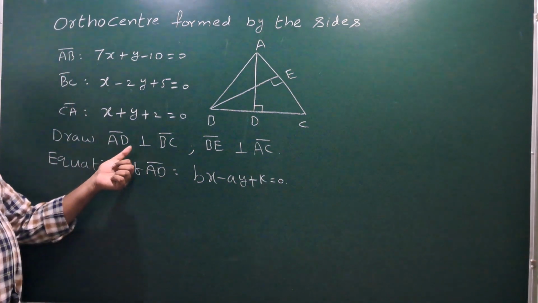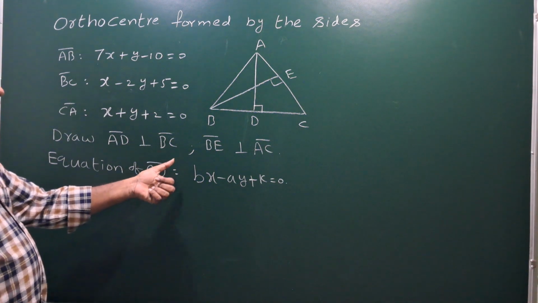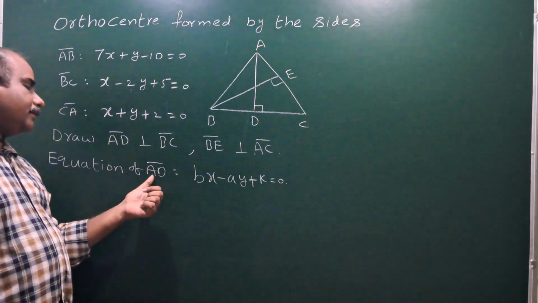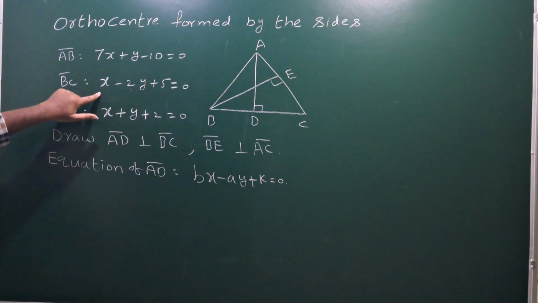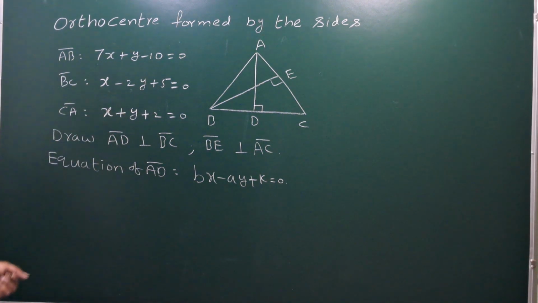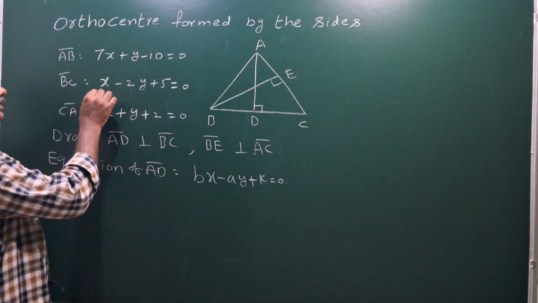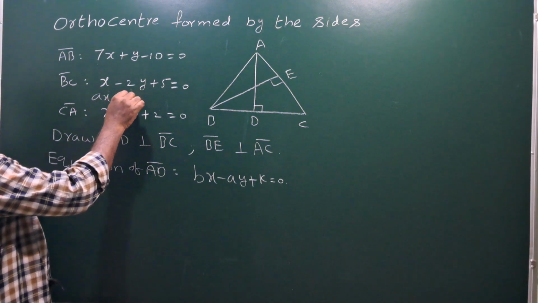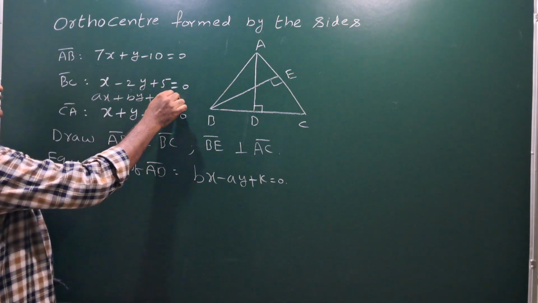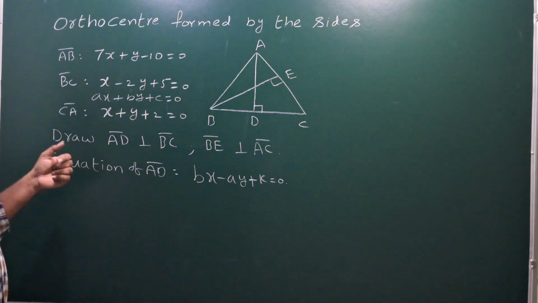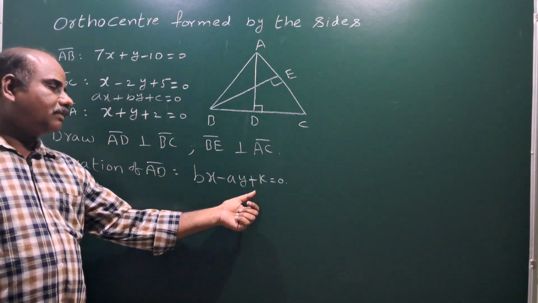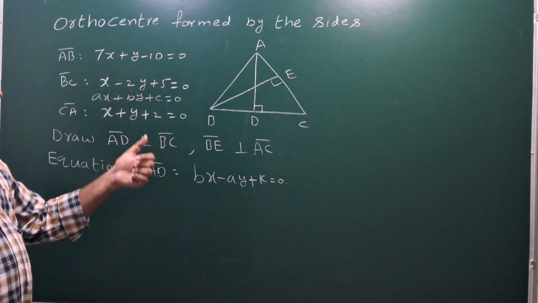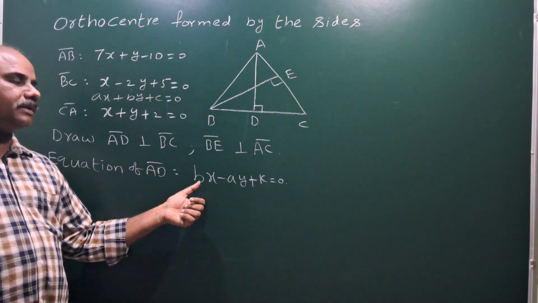Since AD is perpendicular to BC, by using this formula we can write the equation of AD. The equation of BC is x minus 2y plus 5 equals 0. Compare this equation with Ax plus By plus C equals 0. Then the perpendicular equation will be Bx minus Ay plus K equals 0. This is the formula to find the perpendicular equation.